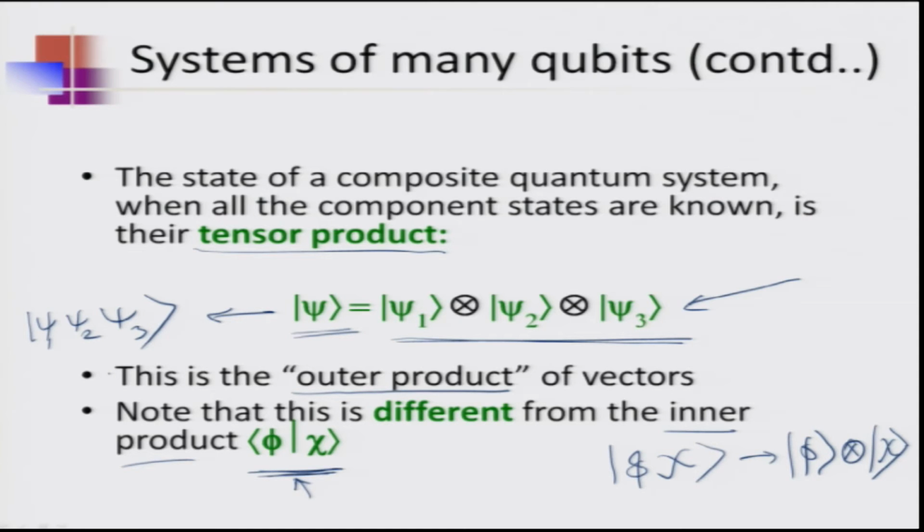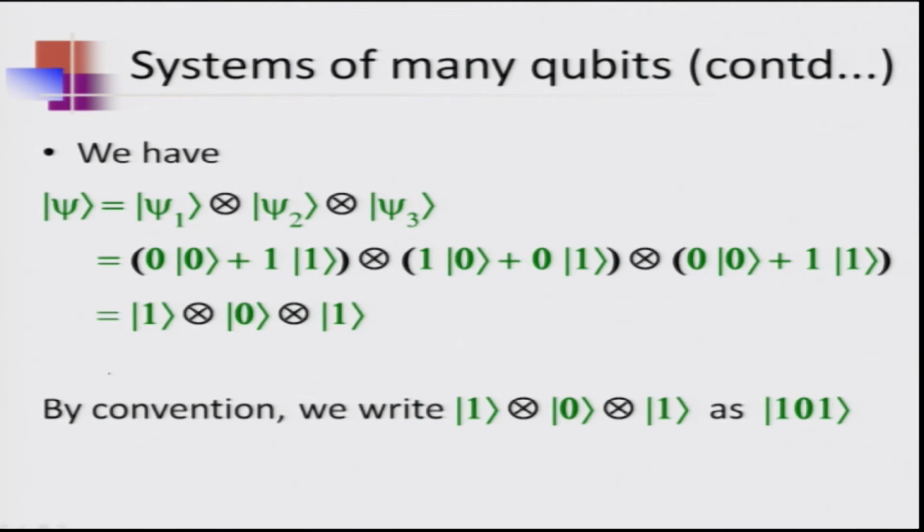This is the shorthand notation for the outer product and the inner product, and this is how they go. Now, in this particular case, we will finally find that my state psi is going to be represented by the state 101, which is a tensor product of the states corresponding to each of them.